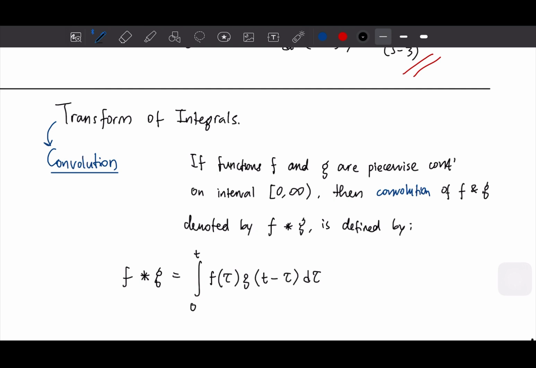Usually in calculus, when we learn the fundamental theorem of calculus, we have t here and x here, right? But now we have t because usually we are using t in our method, f of t. So we need another variable here, so we take tau.